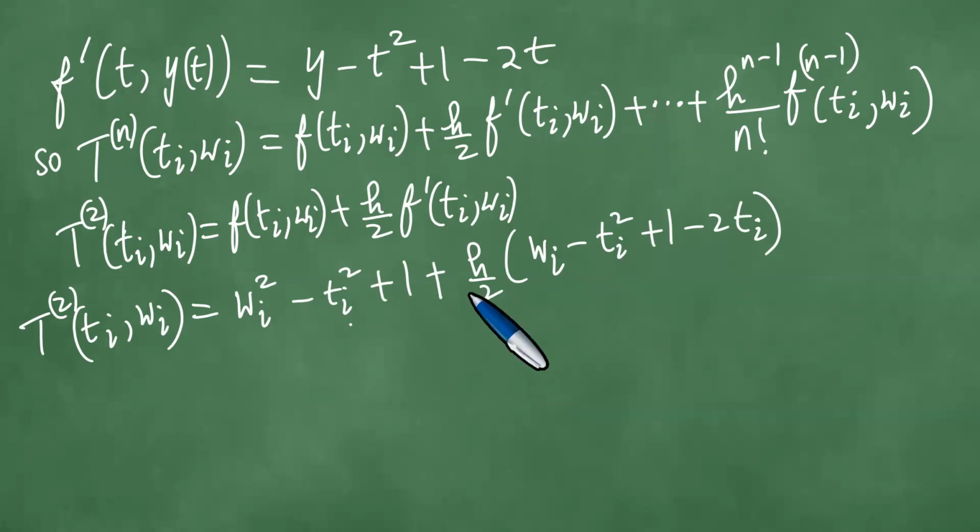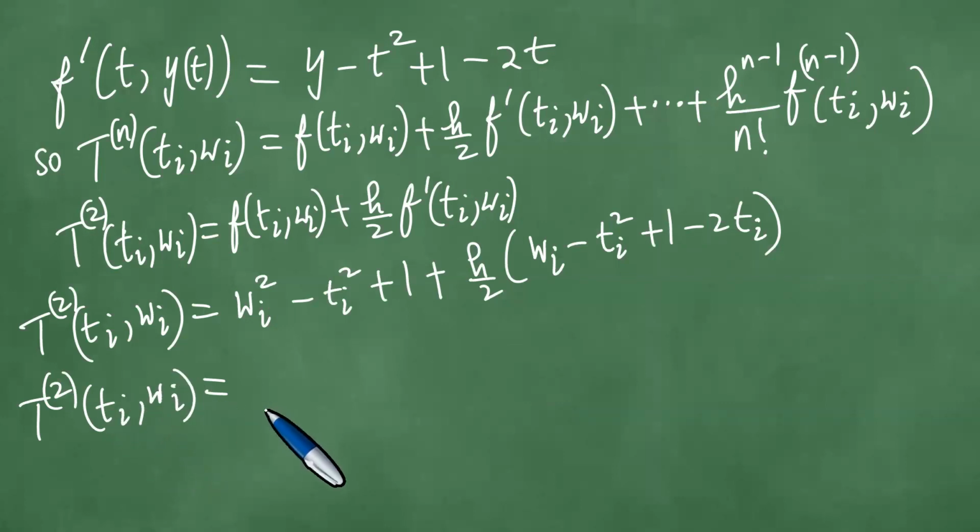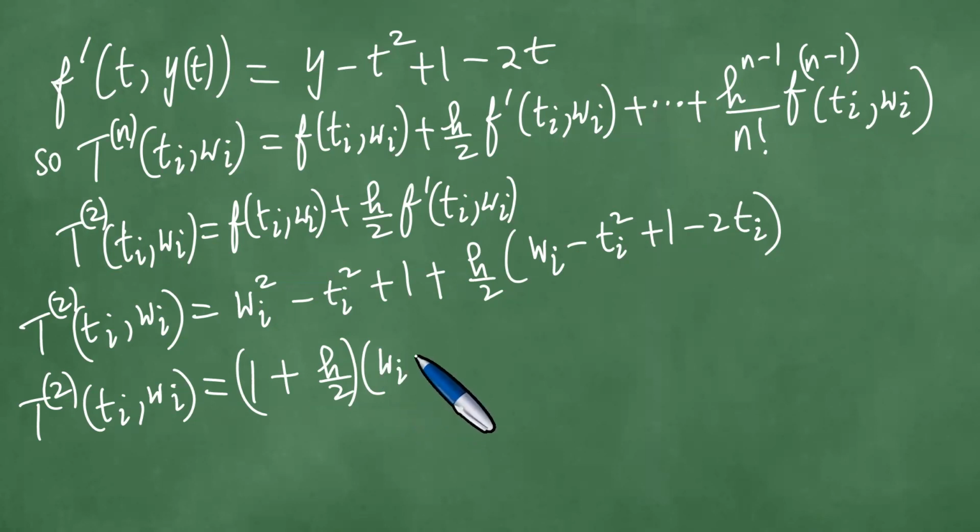Now we multiply everything here, group like terms, etc. Meaning t_i, w_i times 1 plus h over 2, which is w_i minus t_i squared plus 1.